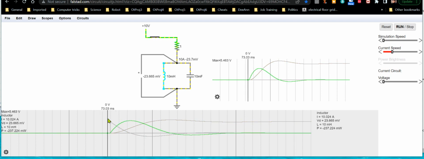But at first it does. See right here, I'll show you, that's the capacitive current and voltage waveforms, alright? That's the inductive current and voltage waveforms. Again, this voltage is common to both of them, but here's the capacitive current curve, here's the inductive current curve.